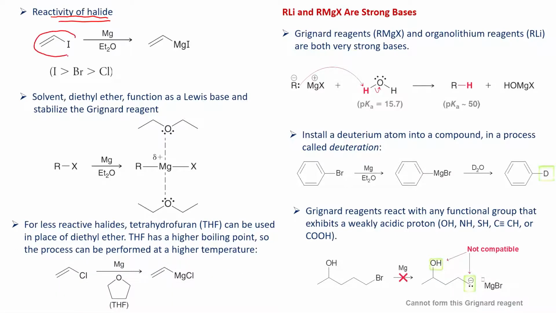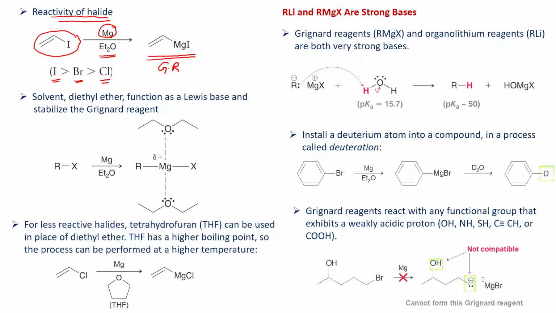So vinyl iodide, when reacted with magnesium in presence of diethyl ether as a solvent, will give you Grignard reagent. The order of reactivity is iodine is much more reactive than bromine, and bromine is much more reactive than chloride ion.